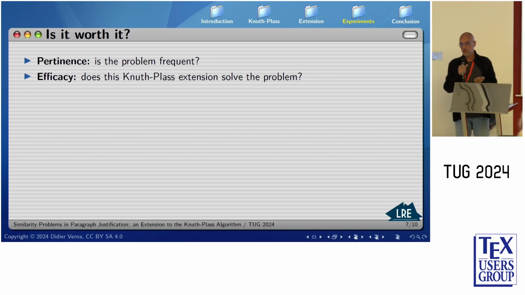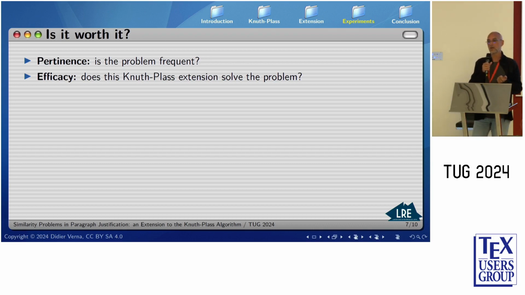First question, the pertinence of the similarity problem. Is it actually happening a sufficient number of times to really want to address the problem? And the second question is the efficacy of the extension which I'm proposing. In other words, is it able to effectively address the problem automatically in a sufficient number of situations?